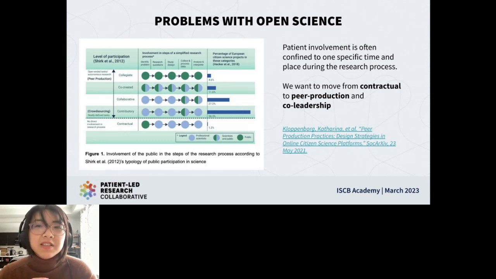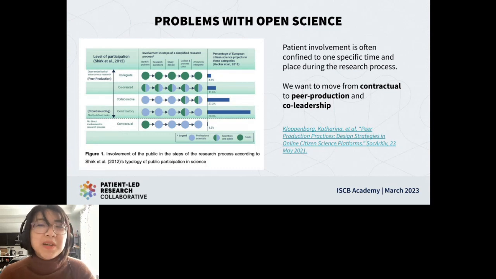As a collaborative, having done our own research and carried it all the way through to publication, we want our involvement with partners to transform from a contractual model to a peer production and co-leadership model.